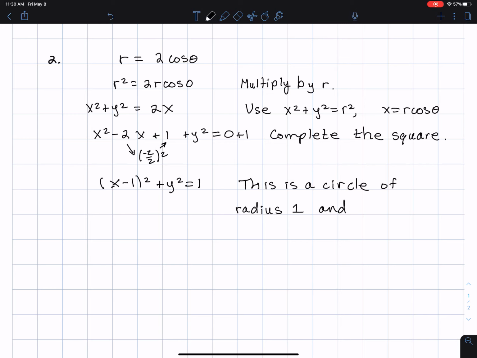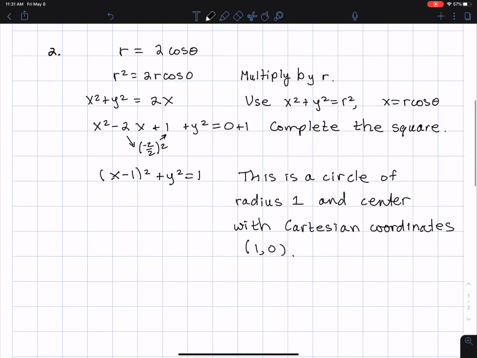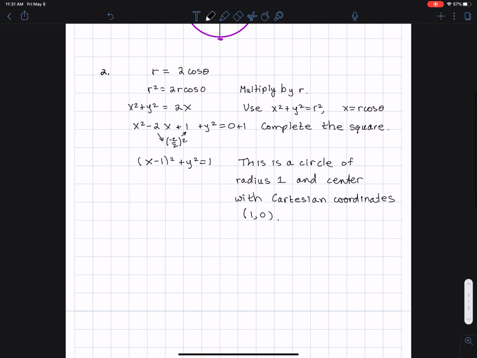and center, not in polar coordinates, but in rectangular coordinates, also called Cartesian coordinates, (1, 0). We don't want to get those two mixed up.